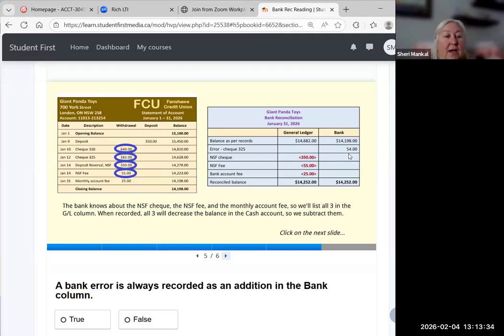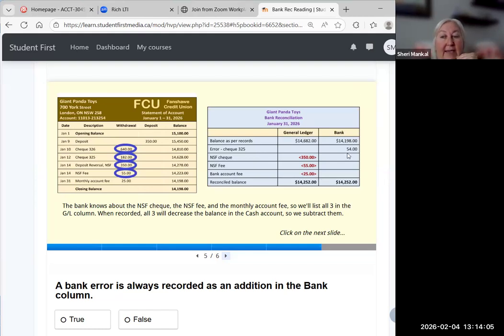Okay, so a couple of things might happen on the bank side of this bank reconciliation statement. Activities that we posted late in the month that they haven't recorded yet. So, for example, if we said we deposited a check for $600, but it's not showing here, maybe we got it to the bank at 4 o'clock on the 31st. So it won't show up until the February bank statement.